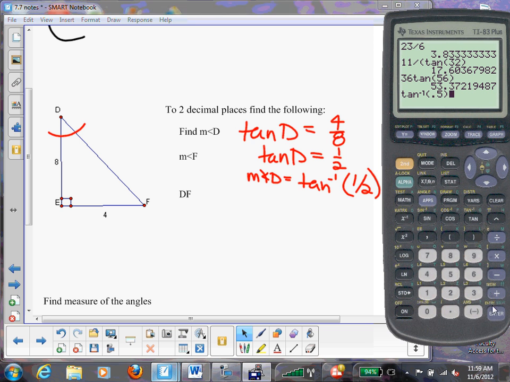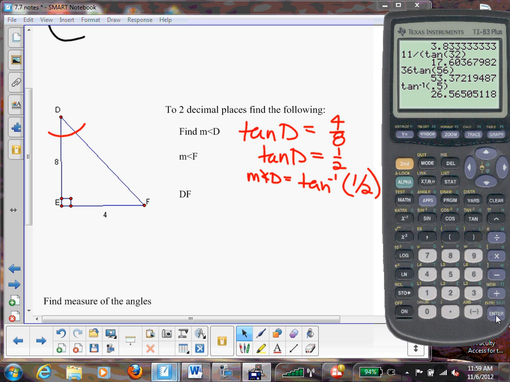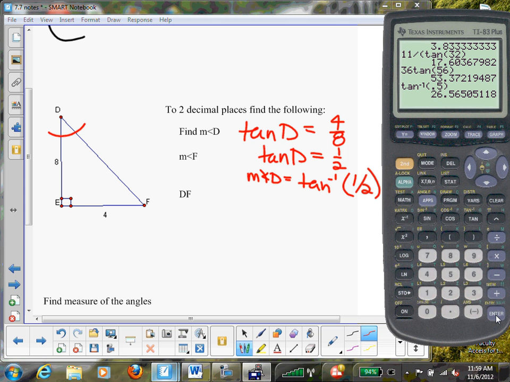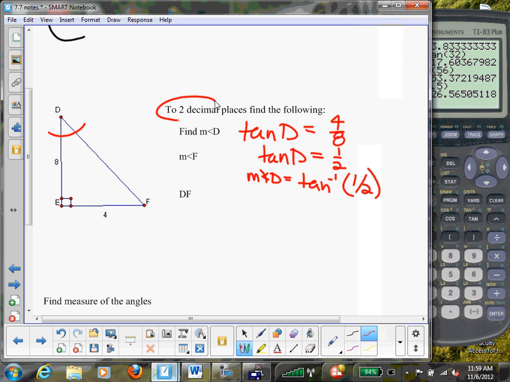Then I'm going to close my parentheses and hit enter. What is the measure of angle D? What did I say I wanted it rounded to? 26.57. So the measure of angle D is 26.57. Put your little degree symbol there.